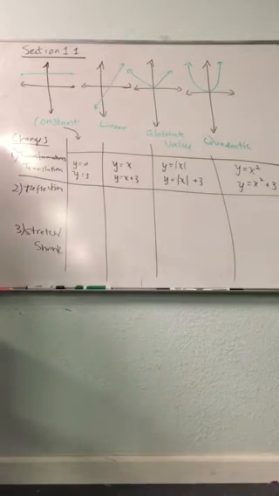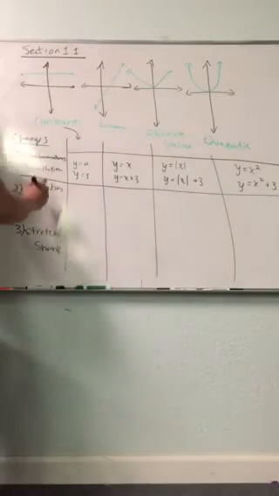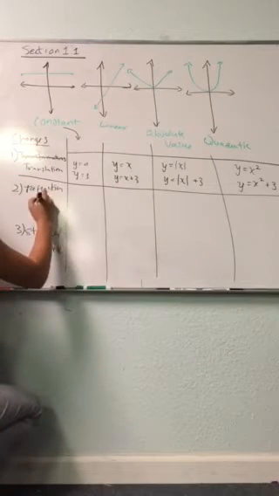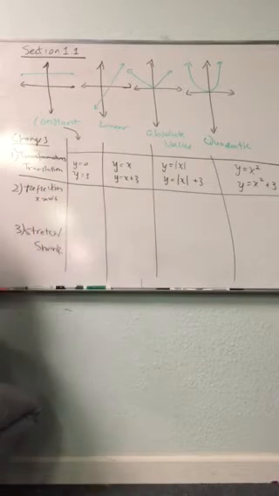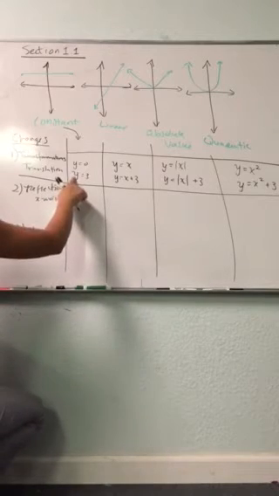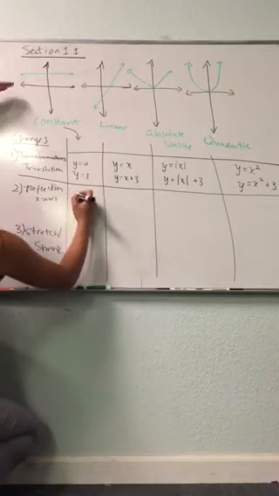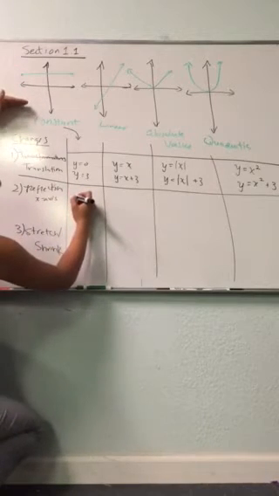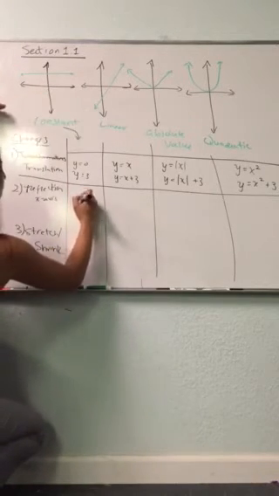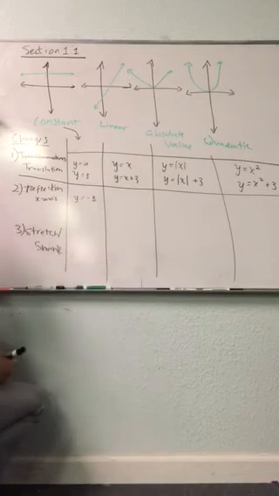If you want to flip it over the x-axis, what you would do is you would just negate it. So in this case, if we have y is equal to 3, which is here, the reflection of that over the x-axis would be over here, a horizontal line at y is equal to -3.